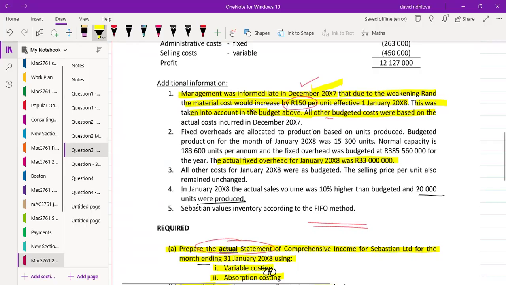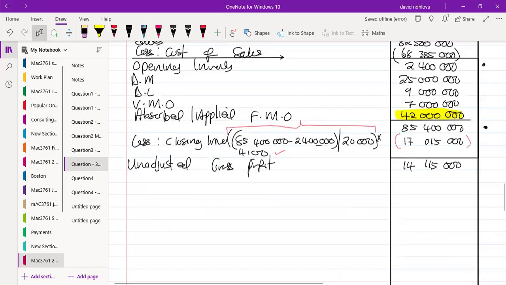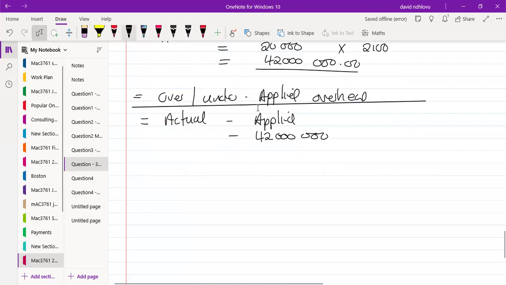Right, so they said the actual fixed overhead for January was 33 million. So therefore, we are saying our 33 million minus the 42. That would be 9. That will give us 9 million.